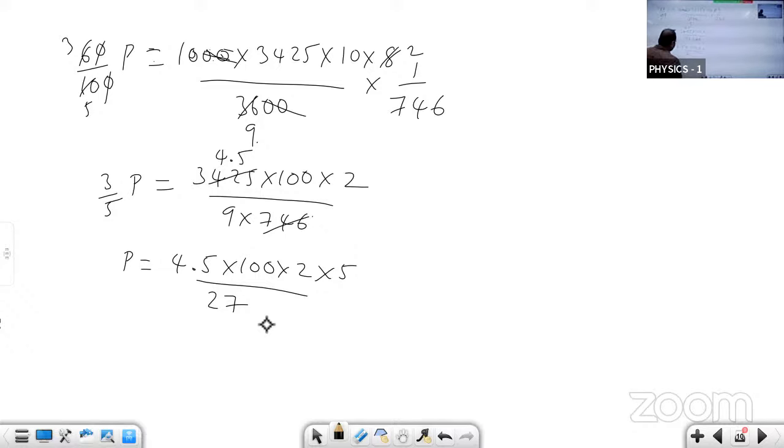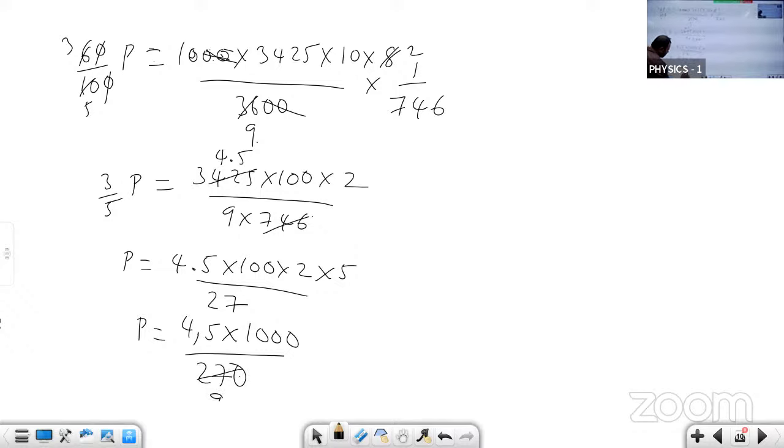Now, this is 1000. P equals 15 into 1000 divided by 90.